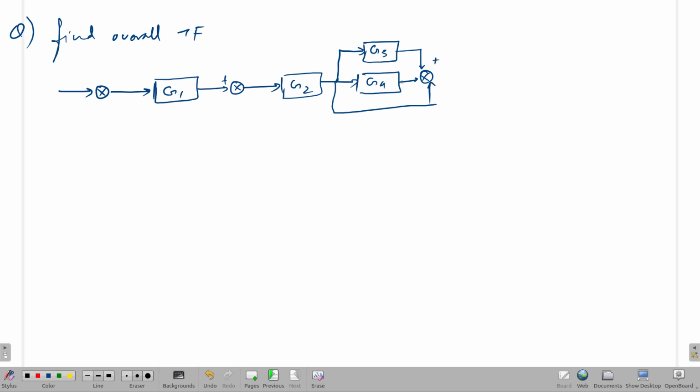We have a plus here, a plus here, a plus here, and this is your output C of S, this is your input R of S. Then there is a feedback from here, which is given as H2. It is a negative feedback.